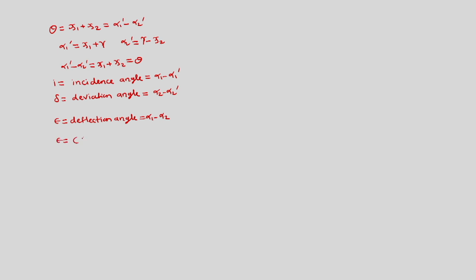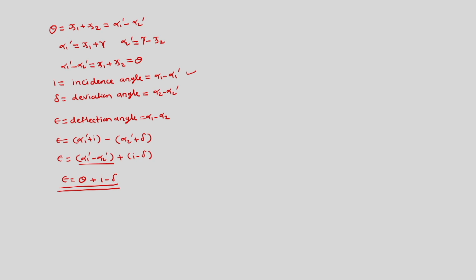So epsilon is equal to alpha 1 dash plus I, minus alpha 2 dash plus delta. So deflection is alpha 1 dash minus alpha 2 dash plus I minus delta, but alpha 1 dash minus alpha 2 dash is equal to theta. So it is theta plus I minus delta. This is the deflection angle.